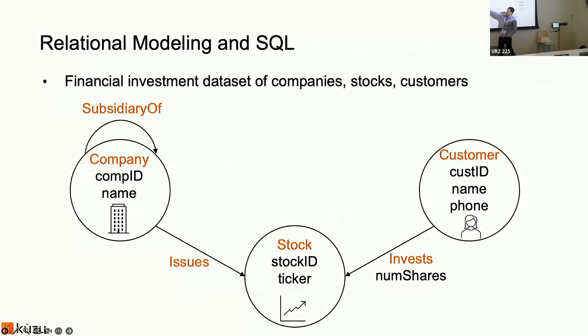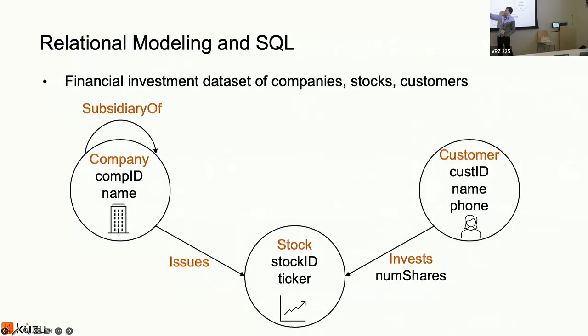And maybe for now, all you're storing is an ID for each company and the name of the company. And you've got these relationships about which company is a subsidiary of another company, which one is a daughter of another company. And you've got information about the stocks that are being sold as financial instruments, a stock ID and a ticker.